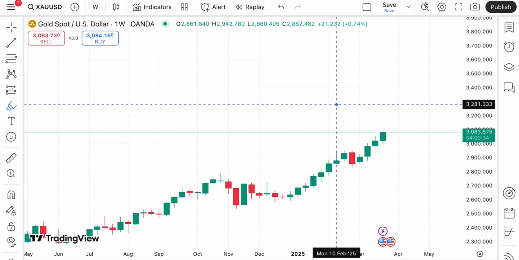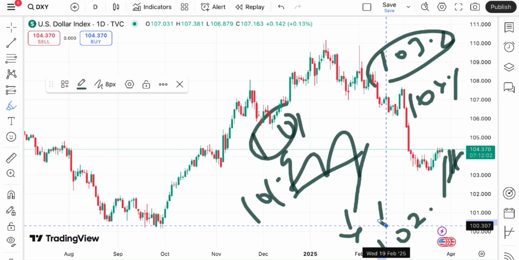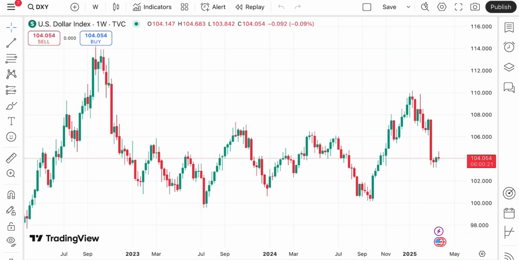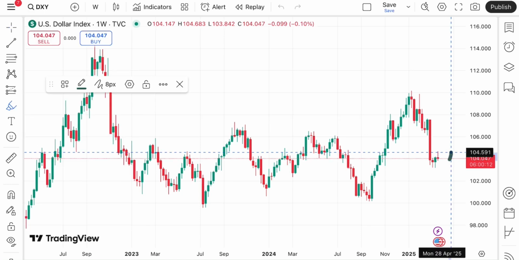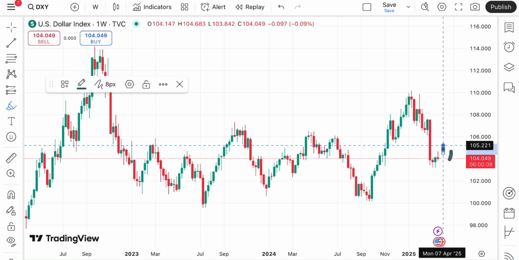If you look at this trend, the price is now trading at a level of 3083. Let's see how the dollar index is moving. You have to understand that it plays an important role in the price of gold. If the dollar index starts sustaining, there is a higher chance that it can move towards 104.6, and from there a further upside towards 105.2.